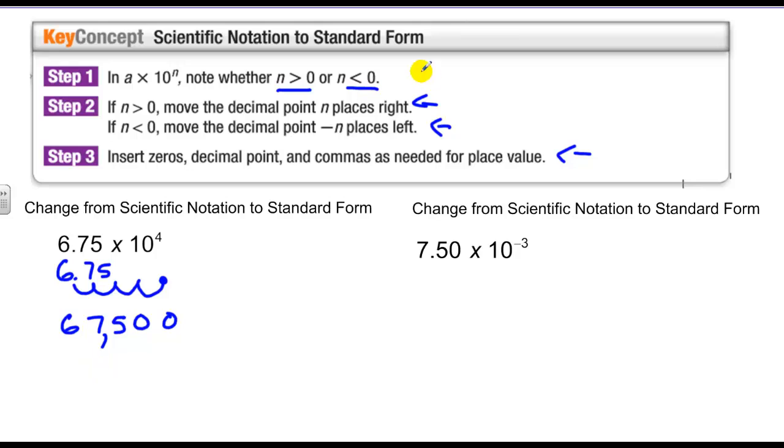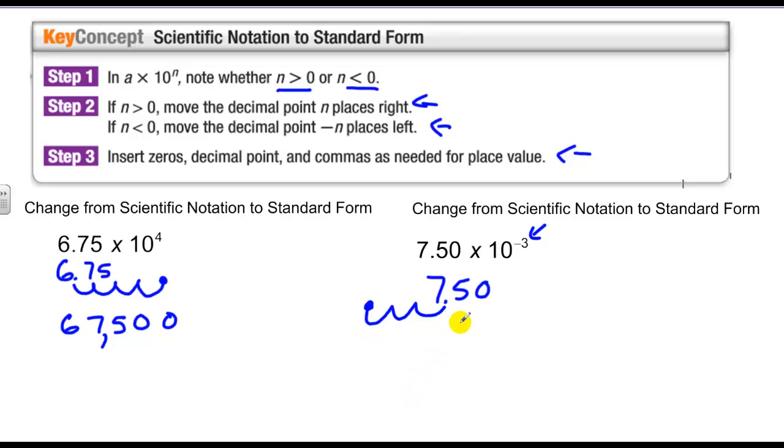In this next example, since I have an n value, or a power, that's negative, I'm going to move that decimal to the left. So I go 1, 2, 3, and put my decimal there.